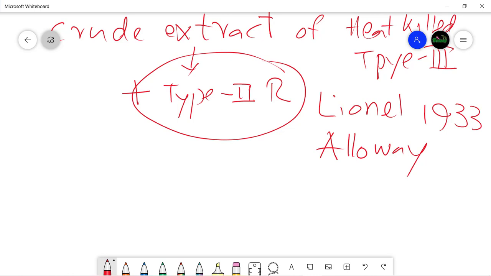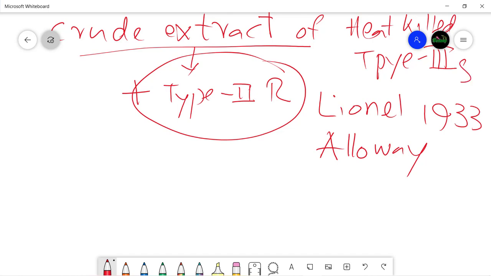Lionel Alloway proved that there must be some chemical, because an extract only contains chemicals, so there must be some chemical compound in that crude extract taken from dead type 3S cells. This chemical was responsible for the transformation.